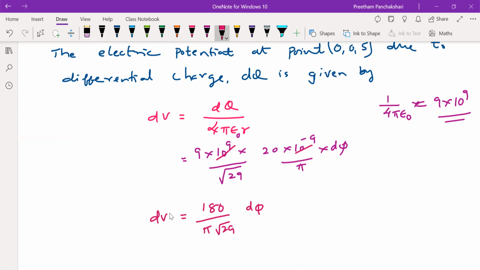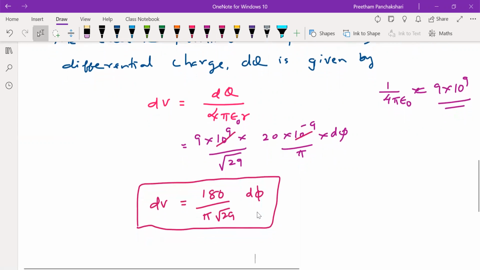That is the potential here. This is the potential at point (0, 0, 5) on the z-axis due to the differential charge dq. d phi is the differential angle of the ring.